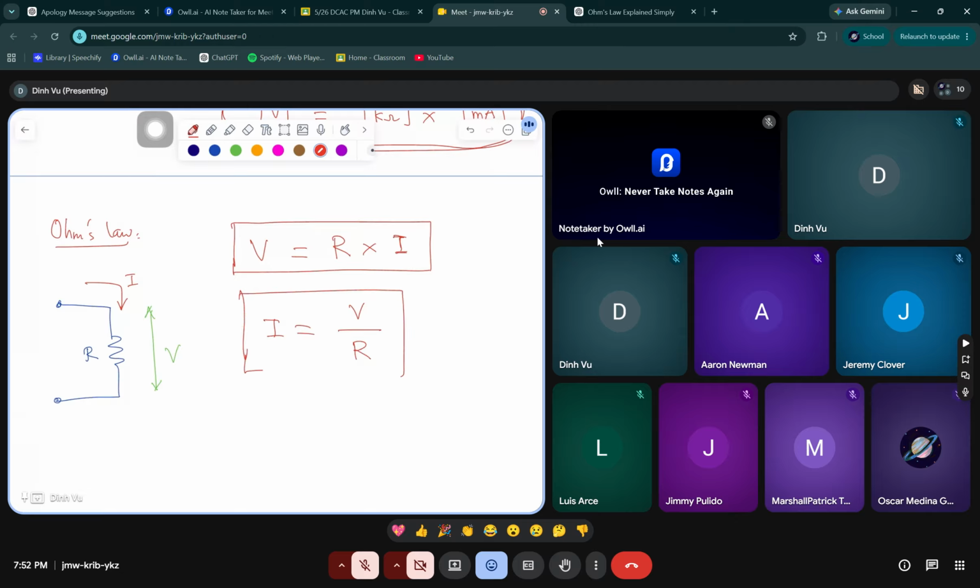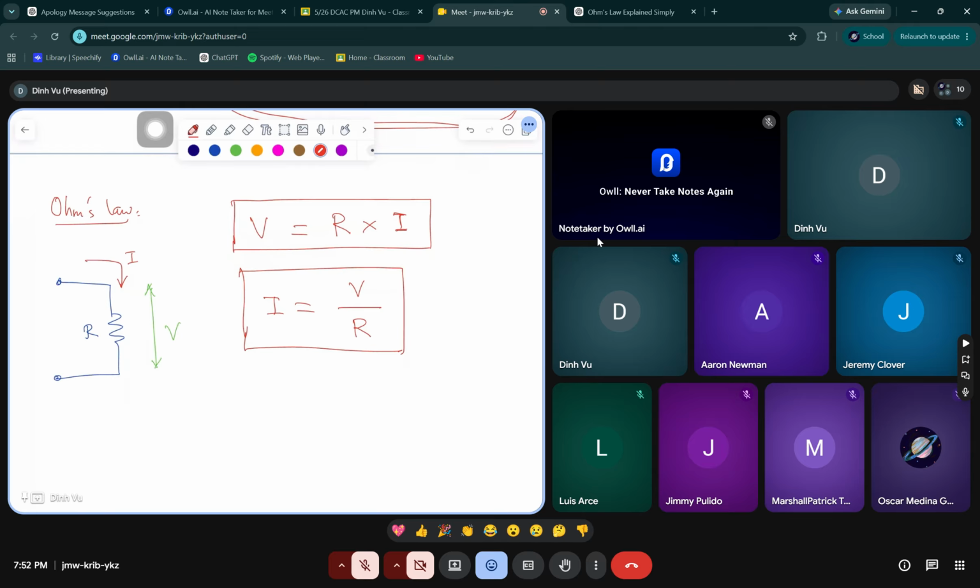So this one is also Ohm's law, but written in the other way. We calculate the current I by taking voltage V divided by R. Is it right? If we know voltage, if we know resistance, you calculate the current.